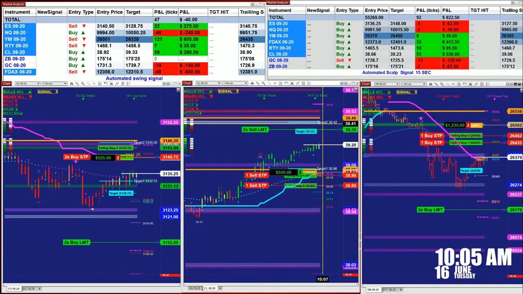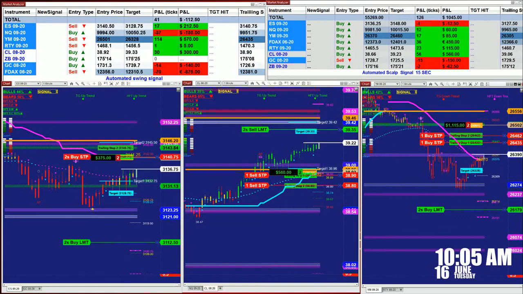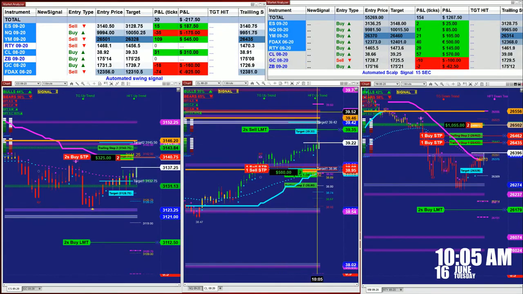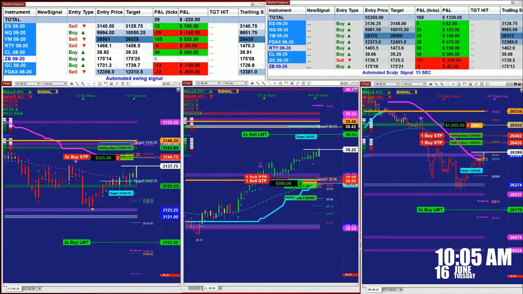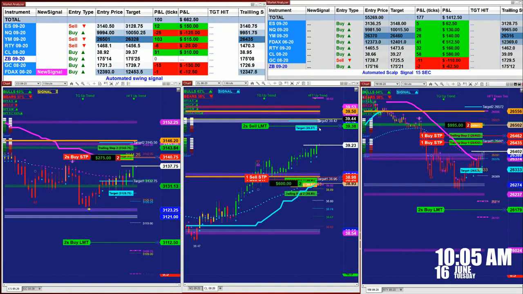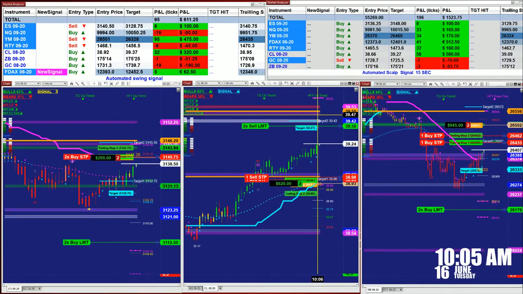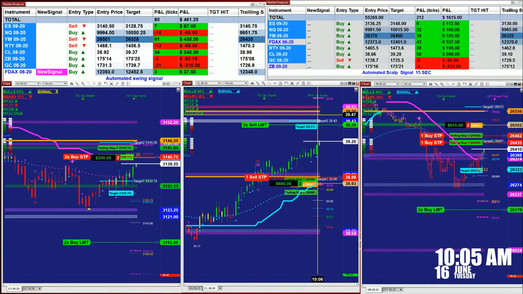The target 2, 39.42, is an institutional target. What does that mean? As simple as that, there is going to be profit taking at 39.42, mark my word on it, and the market is going backward. We'll see the market coming to the target 2, and that is the end of the destination for the CL.